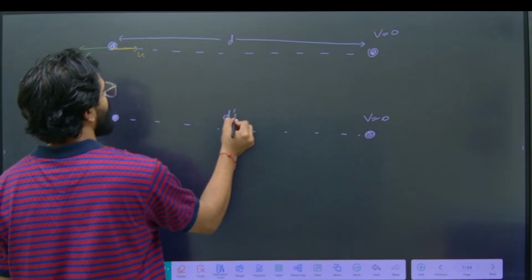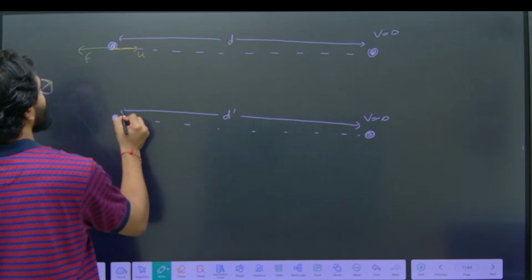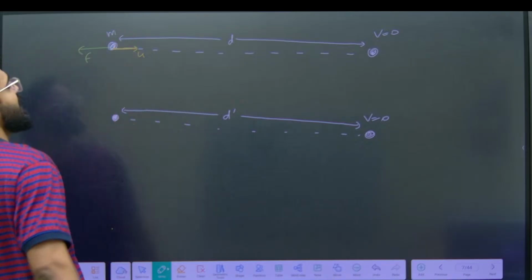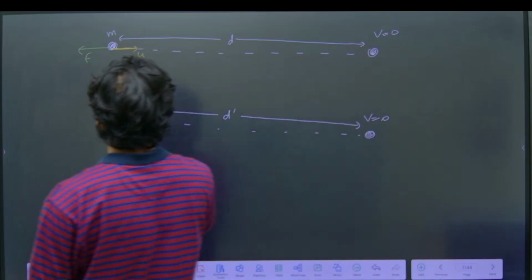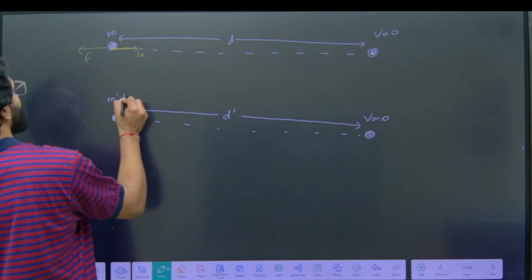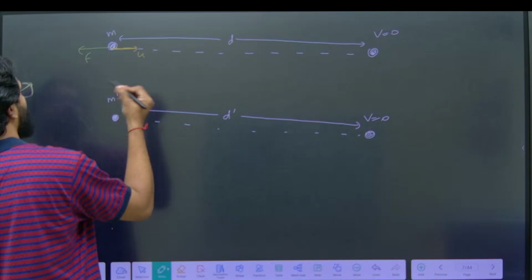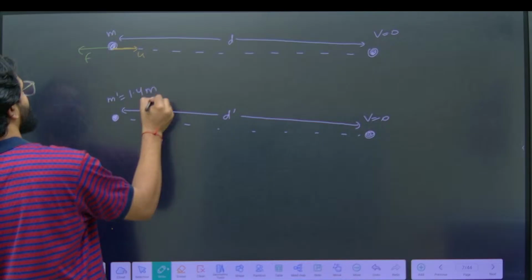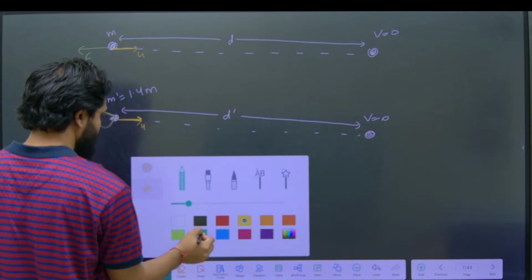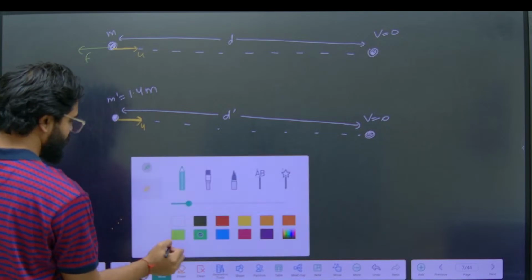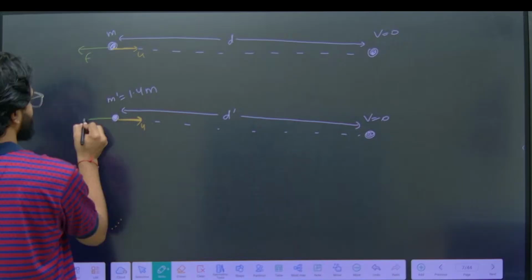Let's call it d prime. Let's say initially the mass of the bus is m, and finally he has given that the mass of the bus is 40% more, it means 1.4 m. So if this is u, this is f, this is u, this is f.